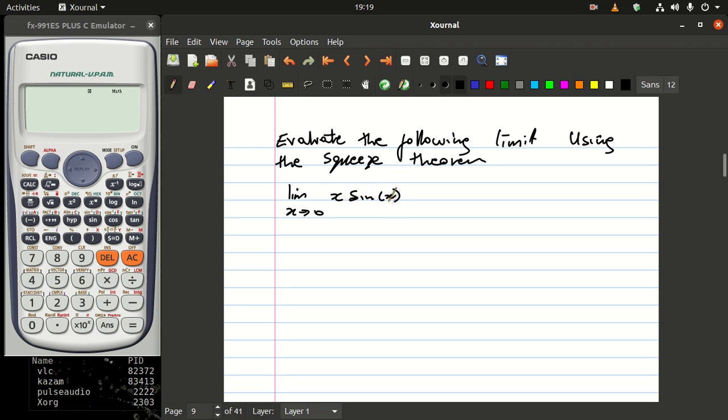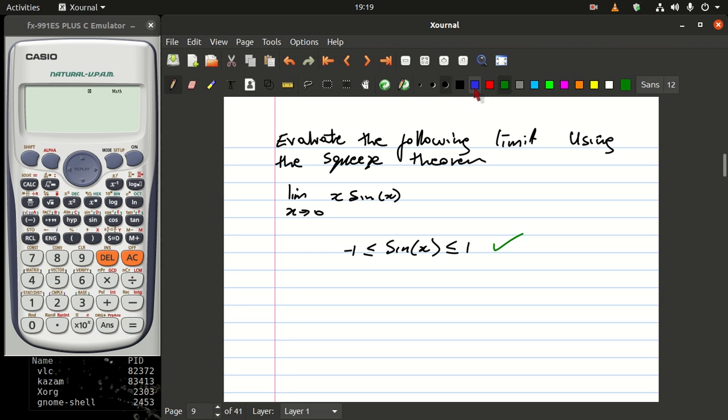Now, how do we end up using this? Let me try with the mistake that most of us would actually make. The first thing someone might say is that sine of x is less than or equal to 1 and greater than or equal to minus 1. And I would say that's actually true, no problem.